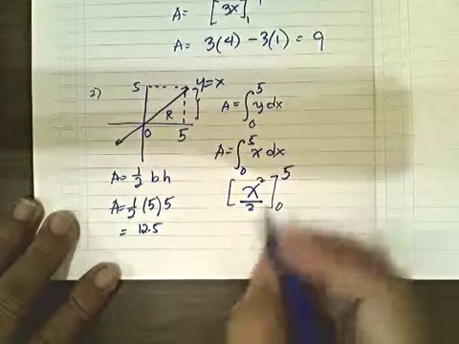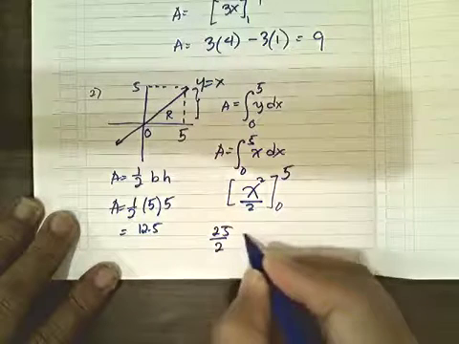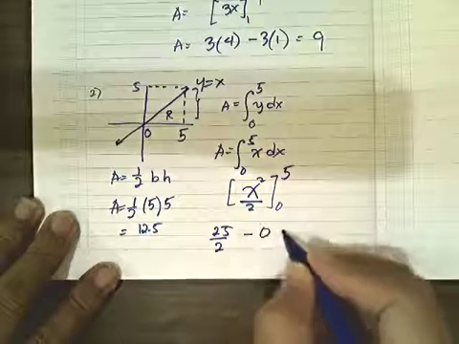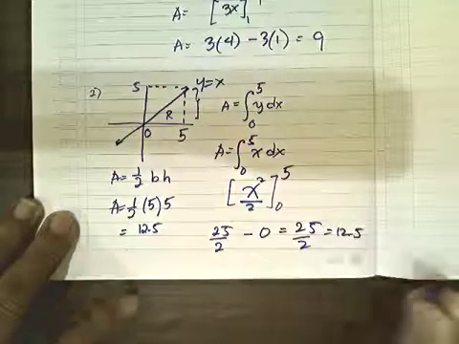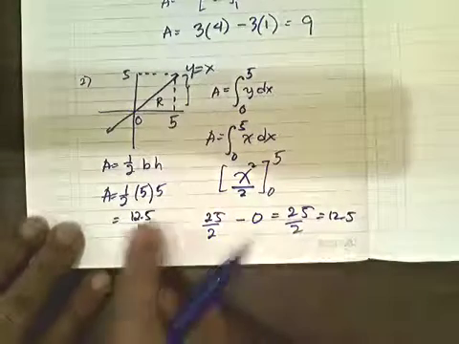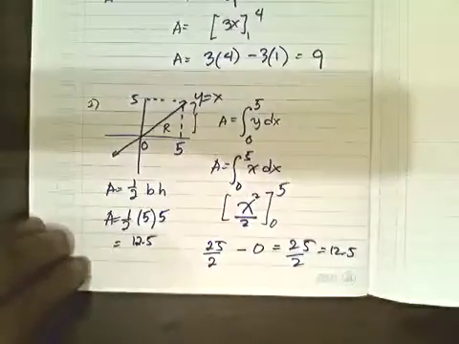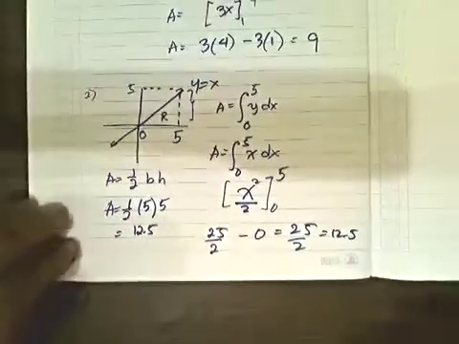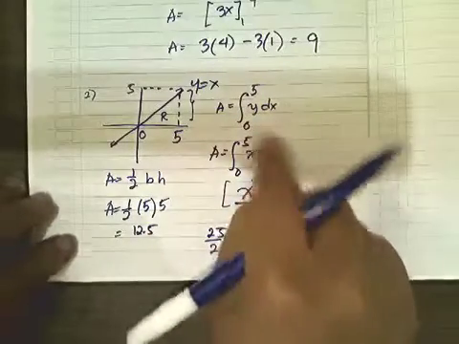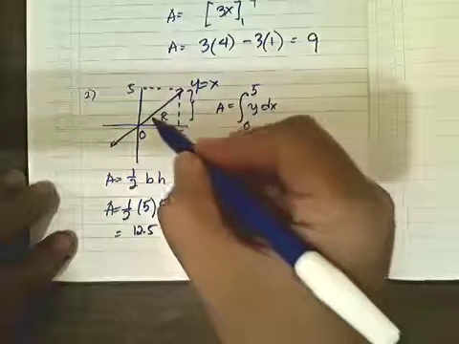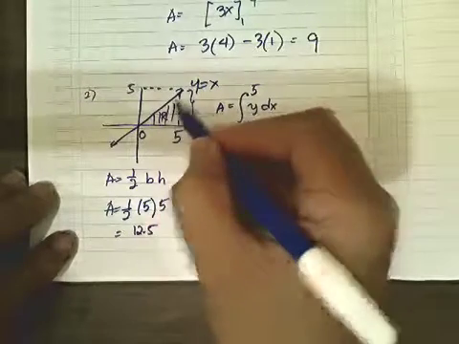So therefore, this is now equal to 25 over 2 minus 0, which is equal to 25 over 2, or 12.5, which is actually equal to our answer. So therefore, it's really correct that the area under the curve is given by this. So again, that is the area under this line.